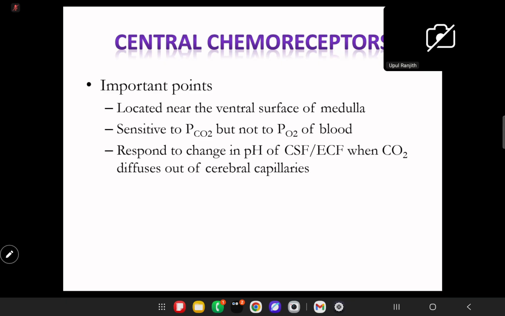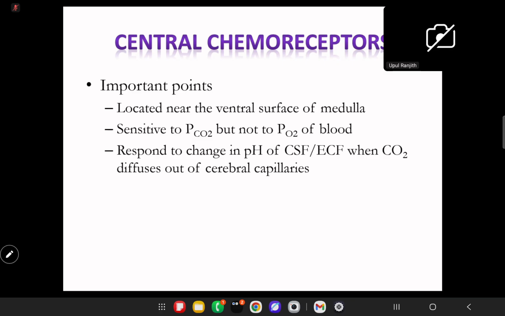When carbon dioxide diffuses out of the cerebral capillaries, these chemoreceptors are sensitive to the pH. Hydrogen ion cannot diffuse through, but carbon dioxide can diffuse out of the cerebral capillaries, and therefore it reacts with water to finally form hydrogen ion.